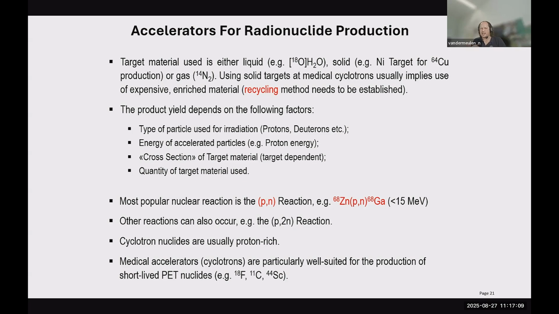So the other reaction that can also occur is generally the P2N reaction. And these nuclides that are produced using medical cyclotrons generally are also short-lived. They have a short half-life. Examples, actually the longest half-life of these would be copper-64, which has a 12-hour half-life. Gallium-68 has a 68-minute half-life.